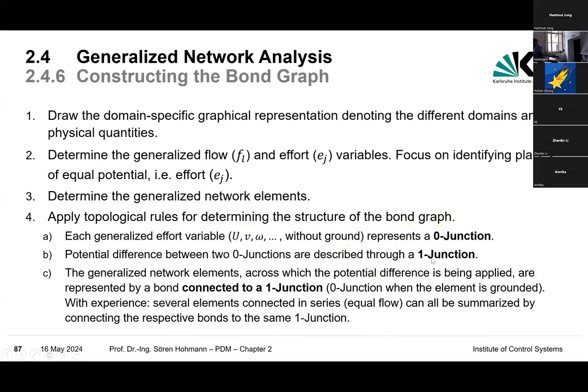And now the procedure, which is most important: you represent every generalized effort variable with a zero junction. And then you try to make visible the voltages over every element by means of one junctions.